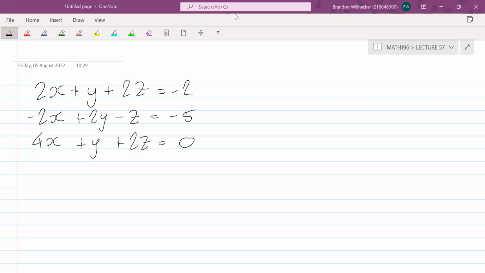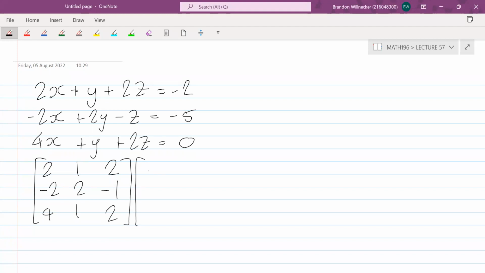The first thing is to take the system of equations and rewrite it into one matrix equation. We can write this as 2, 1, 2, minus 2, 2, minus 1, 4, 1, 2. That's our coefficient matrix.